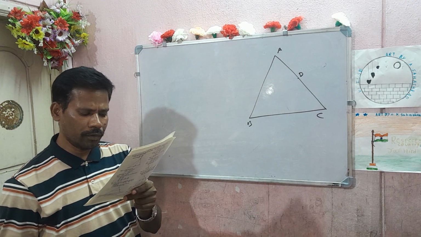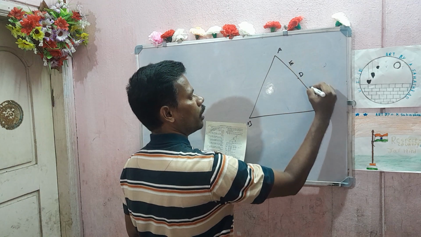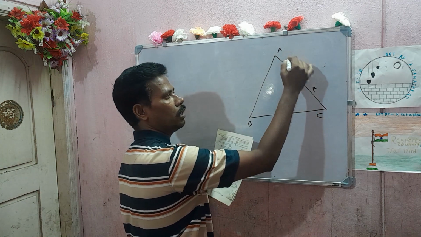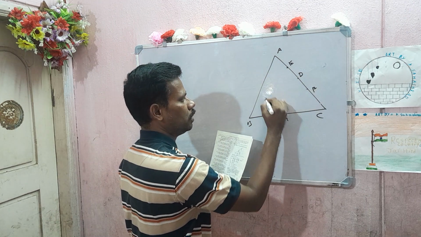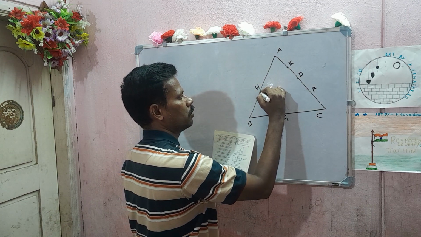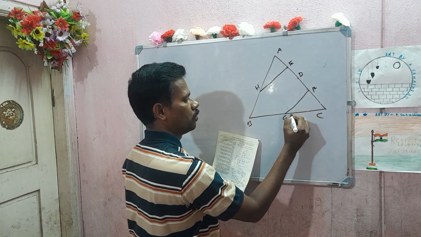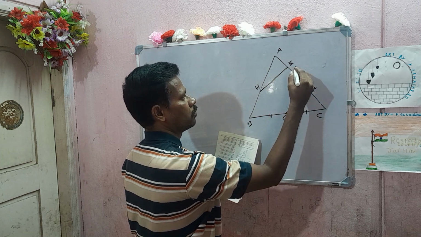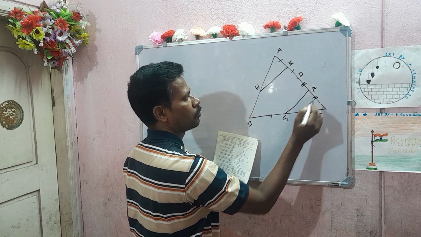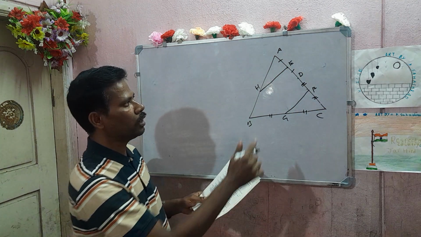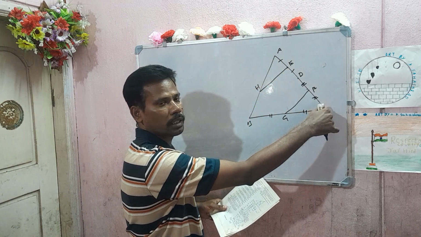If E, F, G, H are the midpoints of AD, CD, AB and BC respectively, prove that EG is equal to HF. So look at this diagram carefully. E is the midpoint of AD and F is the midpoint of CD.